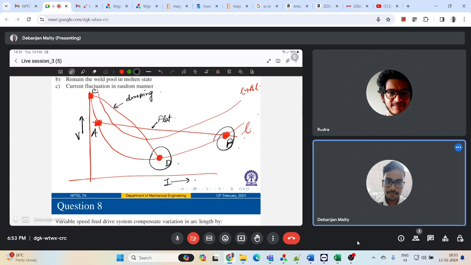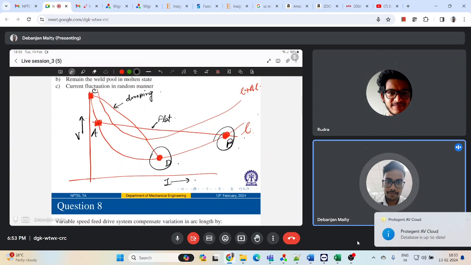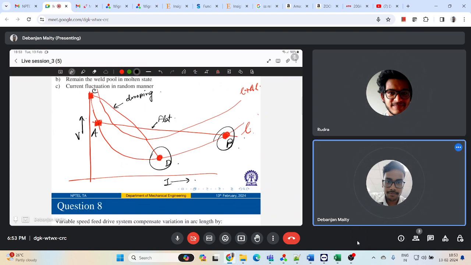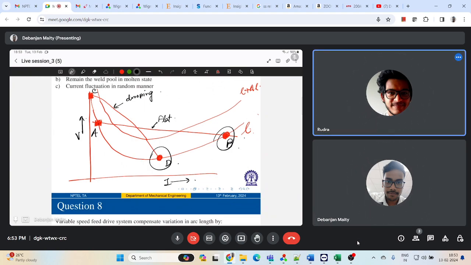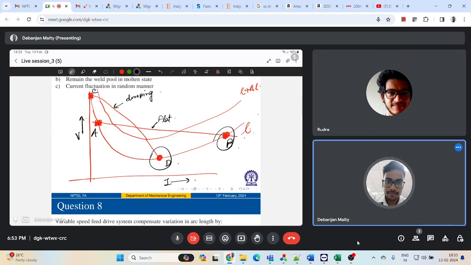Because if you consider a change, say an increase in the arc current, at the points shown by these solid circles, that increase in the arc current causes an increase in the voltage, which in turn will decrease the generator or the power source current also.